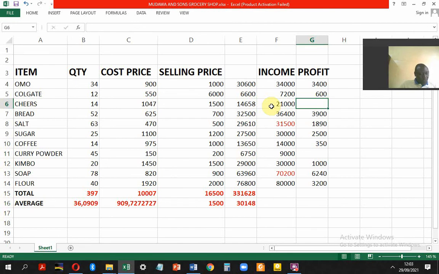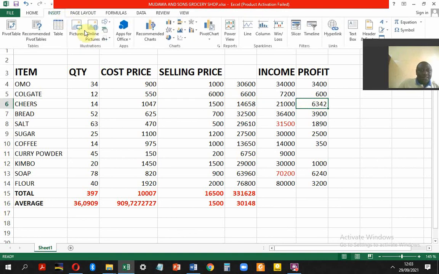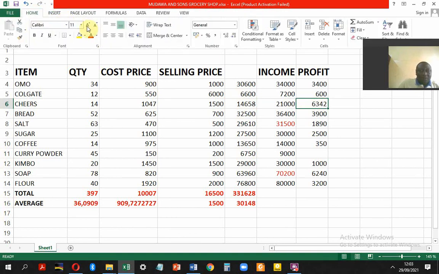Please, for those that are still following, I said set equal sign this one here minus this F6. So this is our formula, and then enter. When you enter, I said all our answers, let's put them in red. I hope you are following.